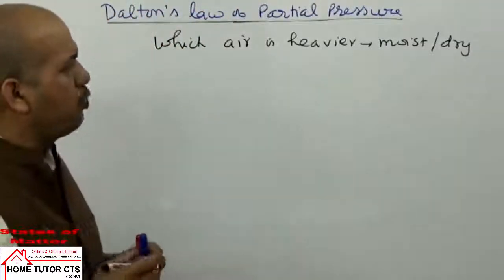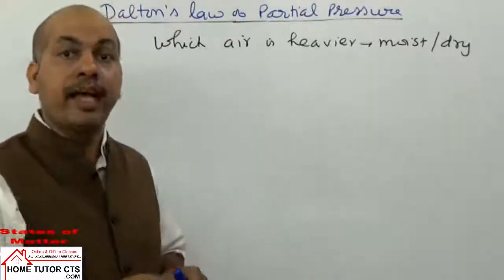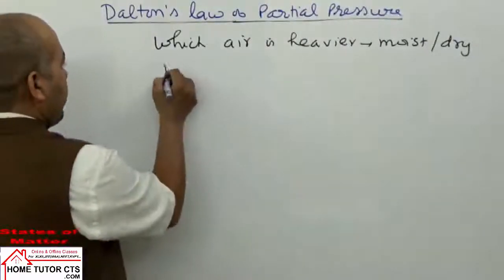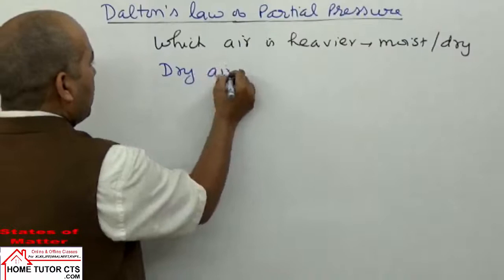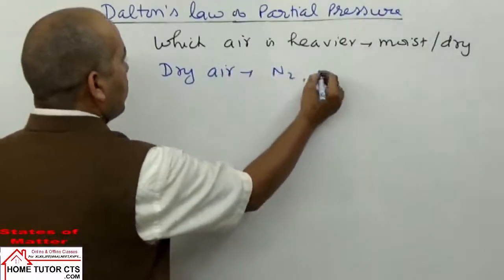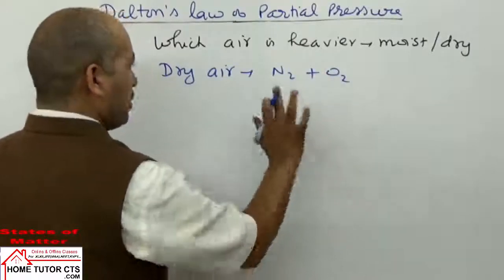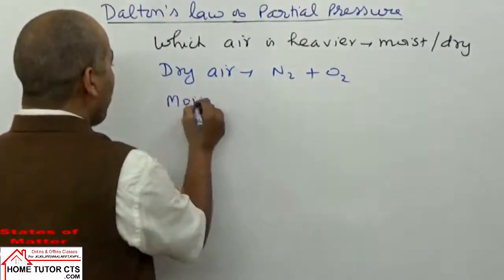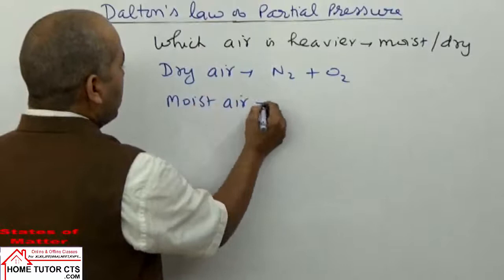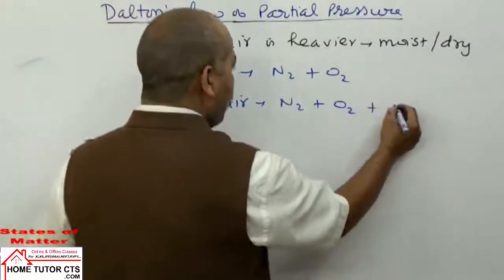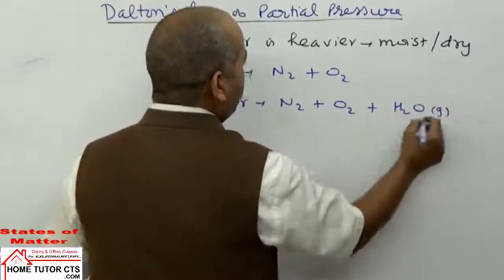Now in this question the student thinks that the moist air will be heavier than the dry air. What does this mean? See, dry air contains nitrogen gas plus oxygen gas as the main components, whereas moist air will contain nitrogen plus oxygen plus water vapors.